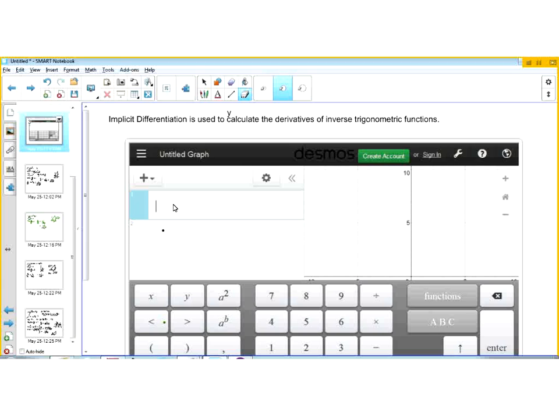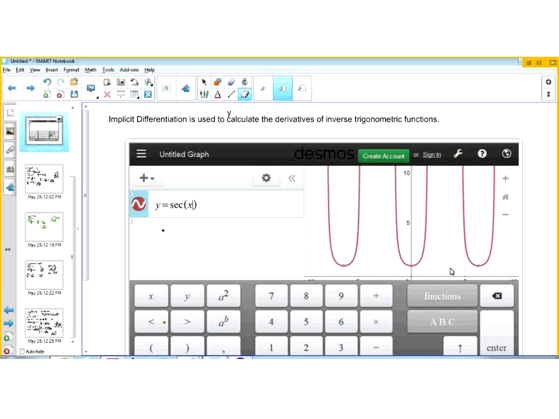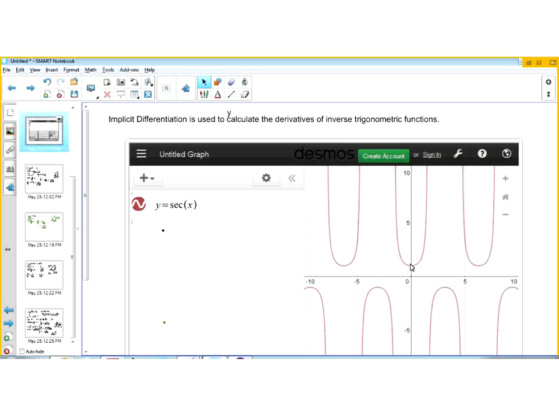So let me go ahead and put back in the graph of the secant function, okay, and we'll see if we can pick off the principal part. I originally said that this was the principal part right here, and this calculator used the other version. Okay, so why don't we use this as the principal part now?